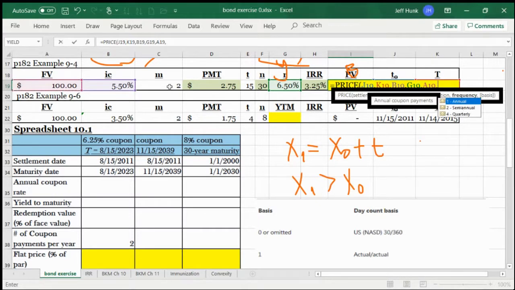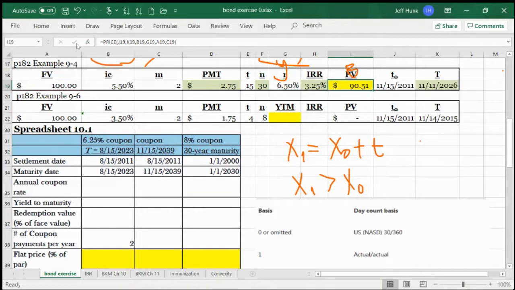This function takes either 1, 2, or 4. You can click on this, or you can enter it. Since the parenthesis is opened, you must close it. You don't have to close it manually. Excel will automatically close it. There you go.